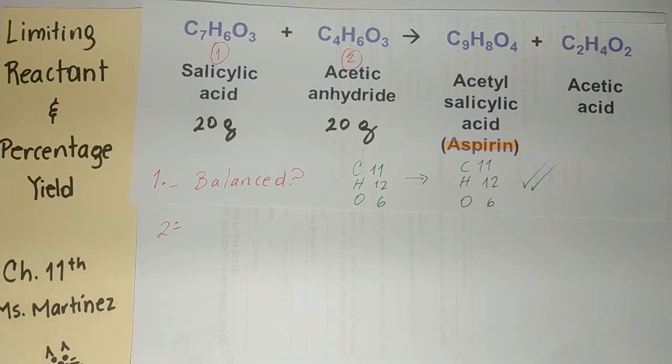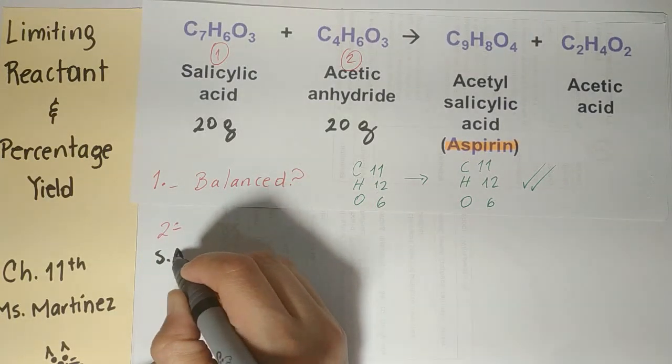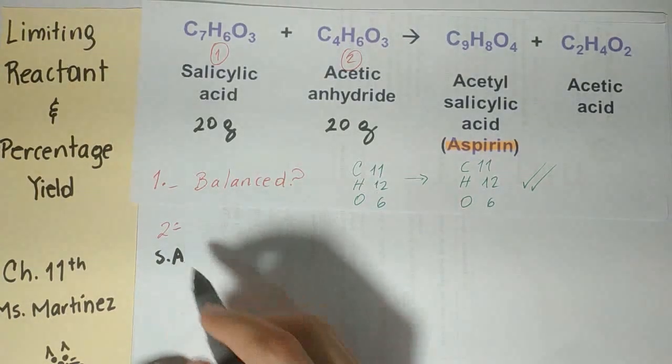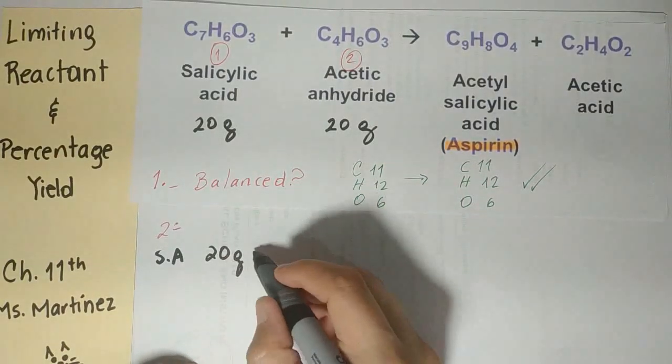The first that we have here is salicylic acid. I will abbreviate the salicylic acid as SA. So we have 20 grams of salicylic acid.